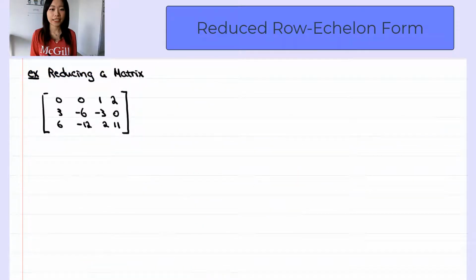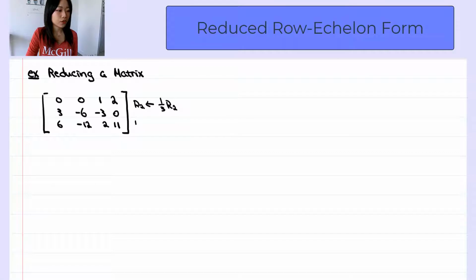So matrix E is in reduced row-echelon form. Now let's look at this example. Let's use the 3 elementary row operations to reduce this matrix into reduced row-echelon form. Since we want the leading entries to appear from top left to bottom right, and furthermore we want the leading entry to be 1, I can do row 2 is replaced by a third of itself.